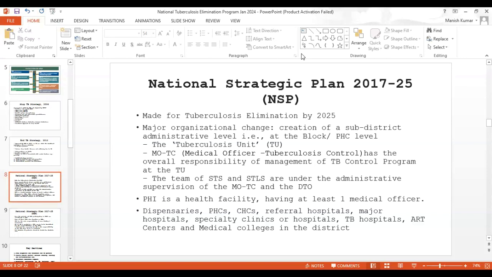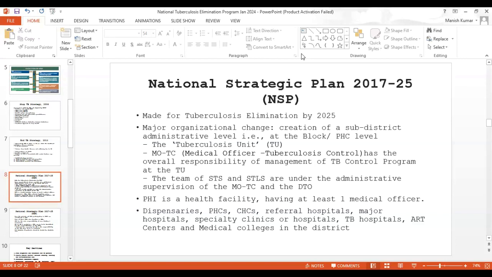But because this is still one of the deadliest infectious diseases, the government has come up with the Medical Officer Tuberculosis. Whichever tuberculosis unit has been identified by the government, whether at PHC or block level, should have a mandatory Medical Officer Tuberculosis. That is something which has been invested in under this program.